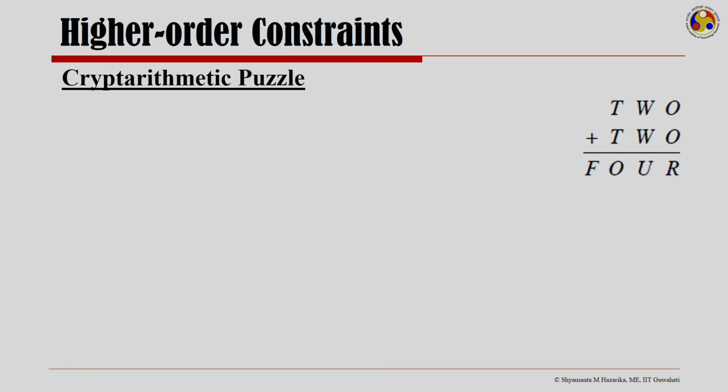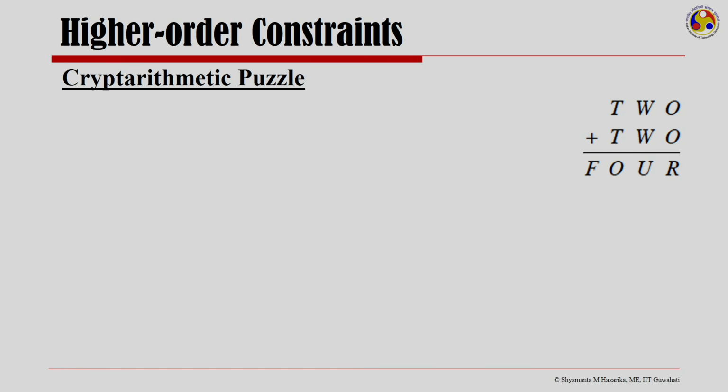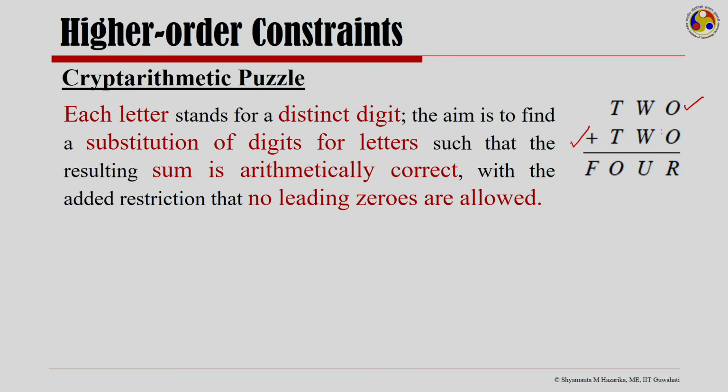While we are talking of higher order constraints, let us focus our attention on a very interesting cryptarithmetic puzzle. Cryptarithmetic puzzles are puzzles where you write things in letters and operate using mathematical operators, and expect that each letter stands for a distinct digit.